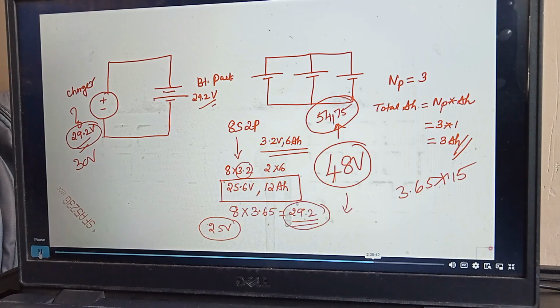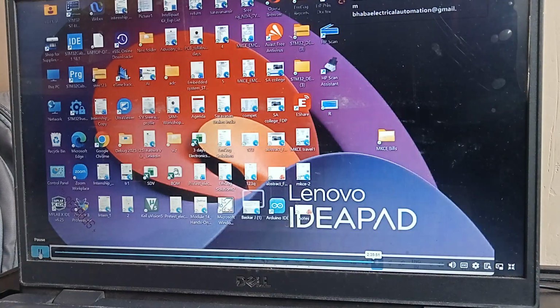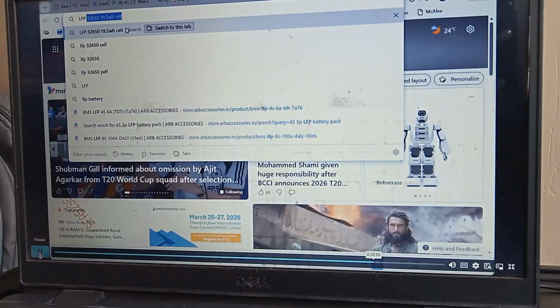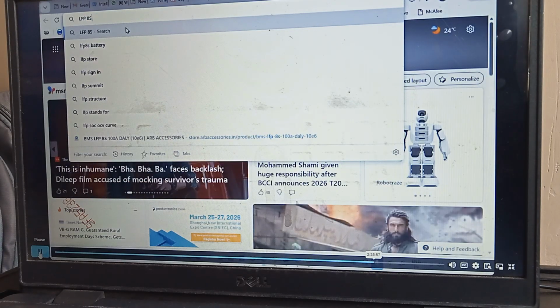Now I'll show you the charger in the market for LFP 8S, and you can see the voltage of the charger.